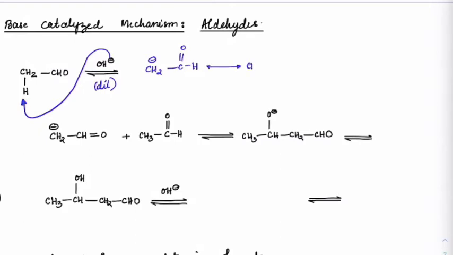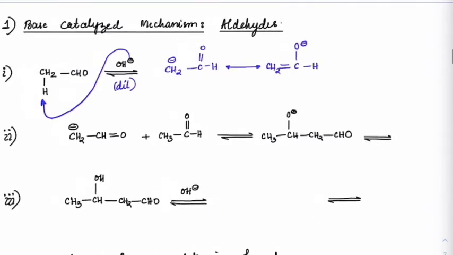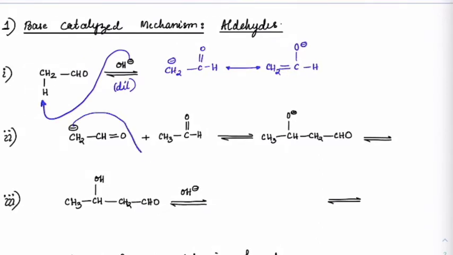This enolate ion will be resonance stabilized with carbon as O minus and H this way. Now this enolate ion, as we expect, will attack on the second molecule here. As soon as it attacks, you will get O minus here, and the CH2, C double bond CHO will get connected.